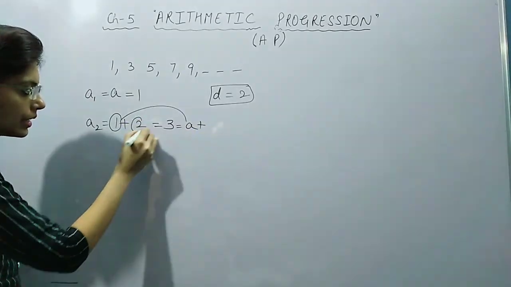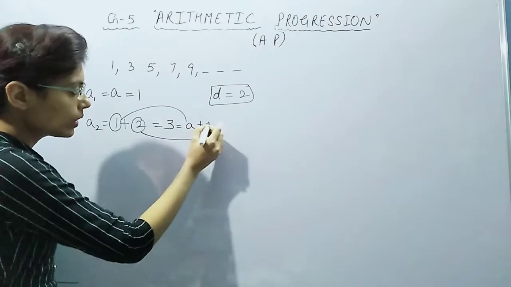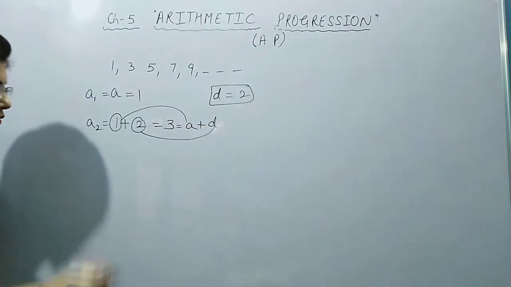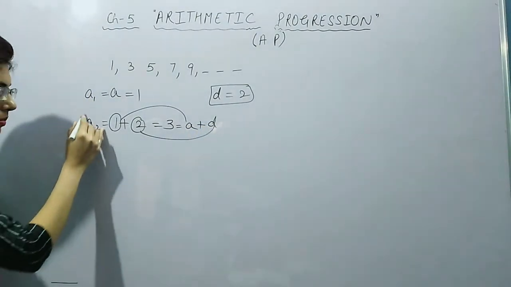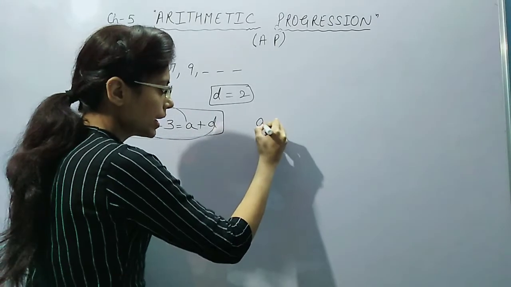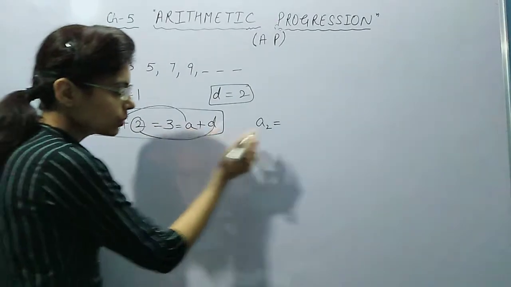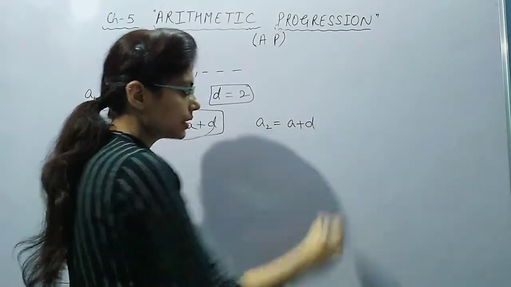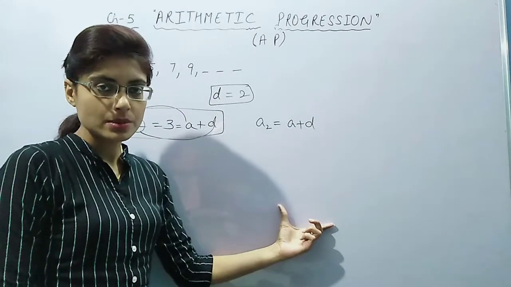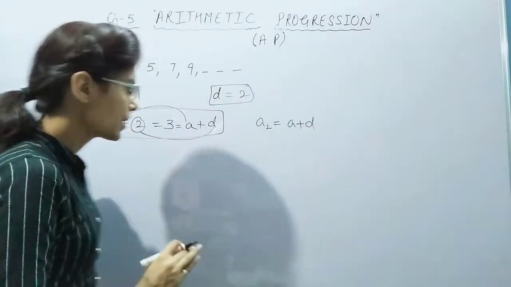Plus d, where d is 2, so in place of 2 I am writing d. So finally we have got a2 is equal to a plus d. Don't ignore these steps because from here we shall come to know about one formula.